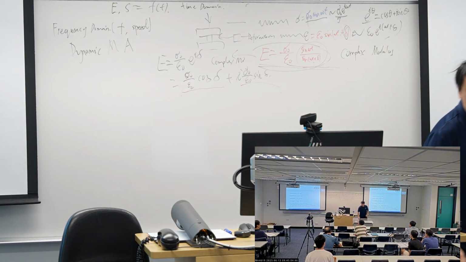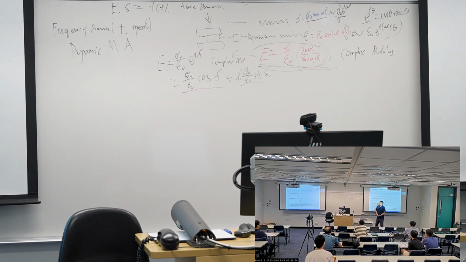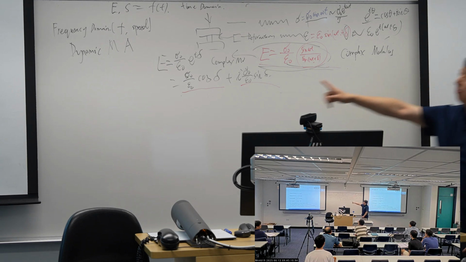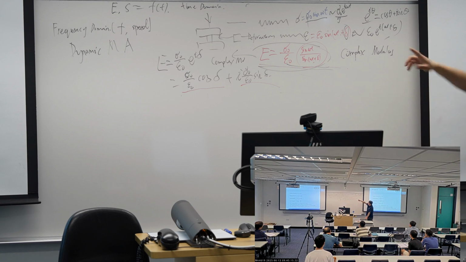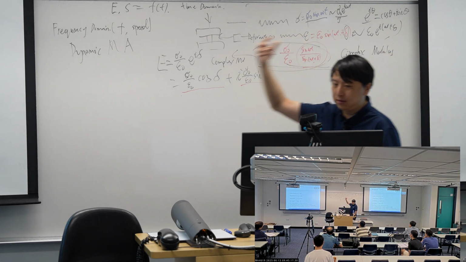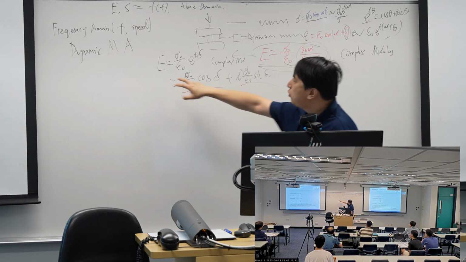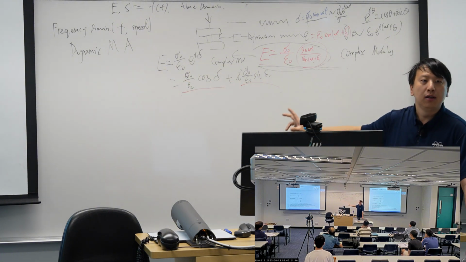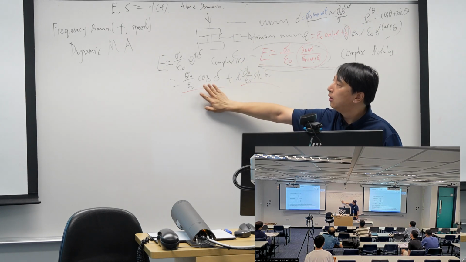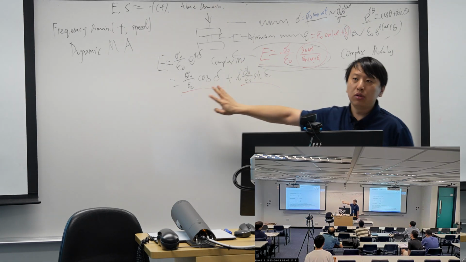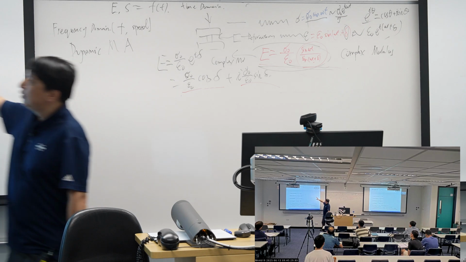The storage, mathematically, they want to say is mainly due to the elastic. Because if the delta is 0, the modulus should be pure elastic, so we only get the real part. So the real part represents the elastic.